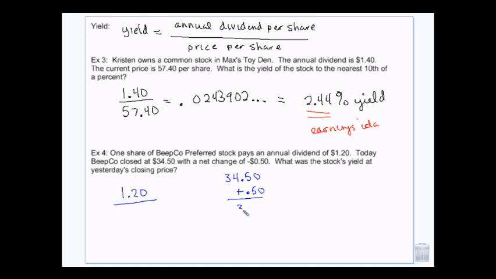So yesterday I was at $35. So I want to divide $1.20 by 35, which will give me 0.03429, which will give me a 3.4% yield. Again, that's a pretty good yield.